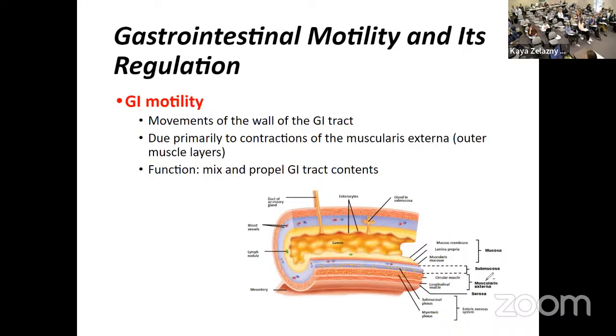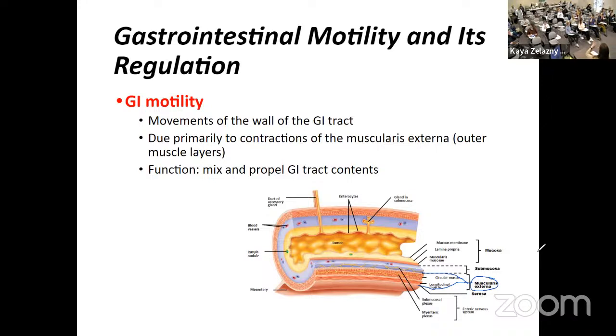Okay, so the GI movement, the GI motility, is primarily due to contractions in our muscle layer. So our muscularis externa was one of the layers in the wall of the GI tract. So this is coming back to the beginning. And we saw that the muscularis externa, this layer, had a layer of circular muscle within it and a layer of longitudinal muscle within it. So when we're talking about how this is happening, we're primarily thinking about those two layers of muscle in different orientations.